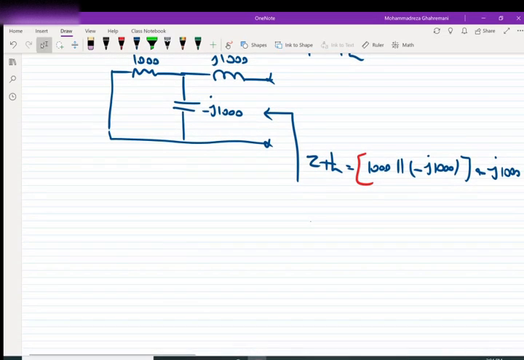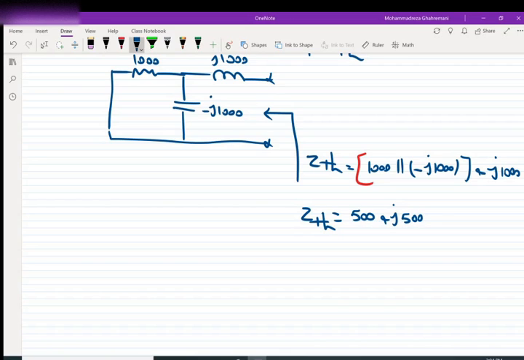If we calculate this value, Z Thevenin will be equal to 500 plus J 500, which is equal to 707 with the angle of 45.